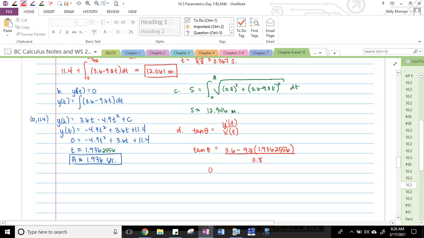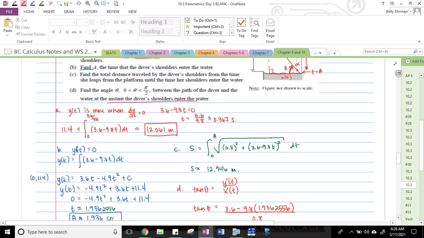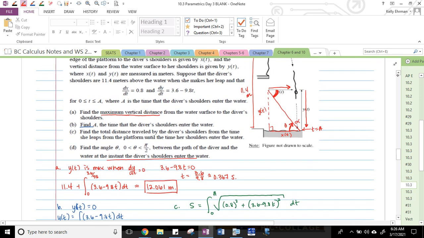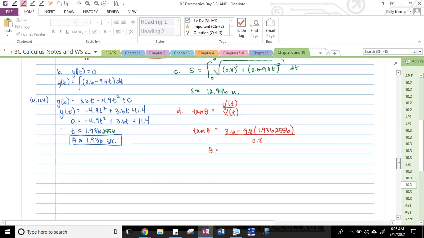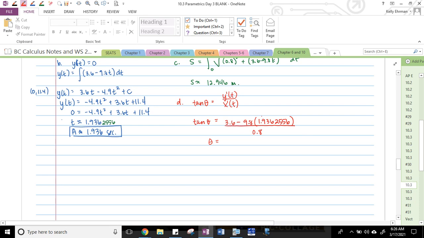All right, so theta is equal to, I think I'm going to get a negative answer for this, because I'm finding the tangent of something that's not in quadrant 1 or quadrant 3. But when I checked this against the AP rubric, they just said it'll be positive because we're talking about a positive angle.